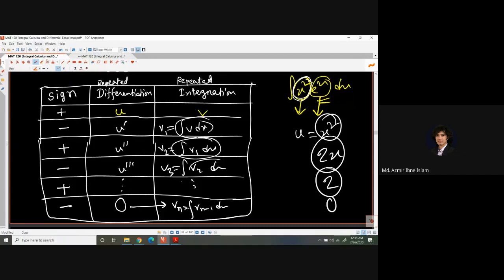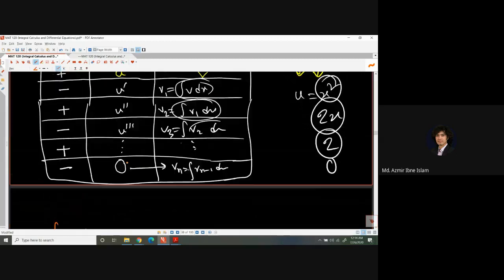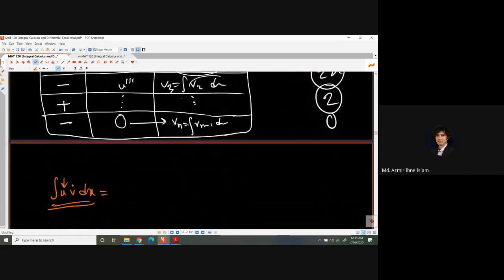Now finally, we have to find integration of uv dx, not by integration by parts method, but we have to find out the solution for this one or antiderivative by using tabular method, because we have this time algebraic function.